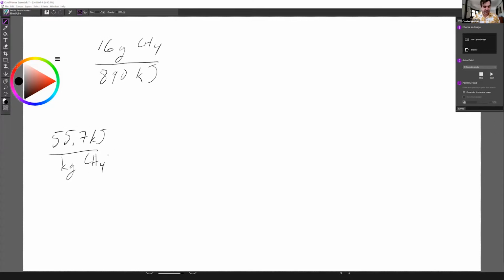So this is CO2. Who knows what I'm doing anymore? Okay. Let me think for a second.